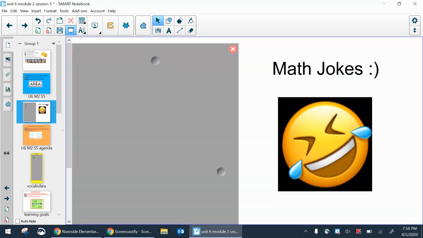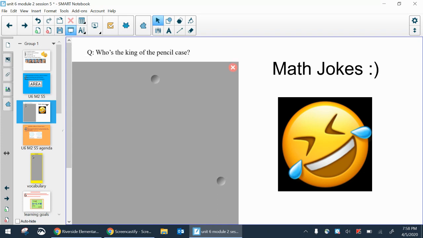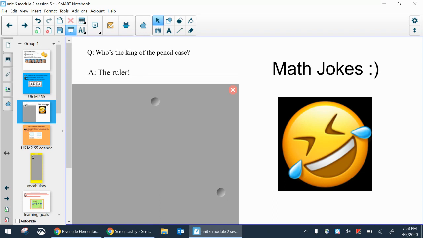But before we jump into that, I thought we'd have a little bit of fun together and take a look at some math jokes. So here goes our first one. Who's the king of the pencil case? Got any ideas? It is the ruler, of course.